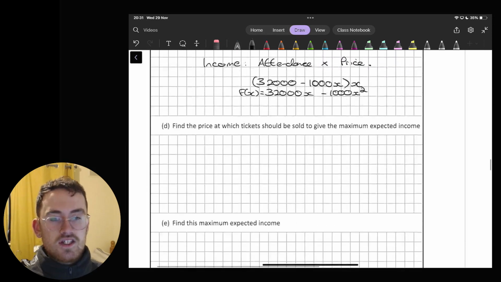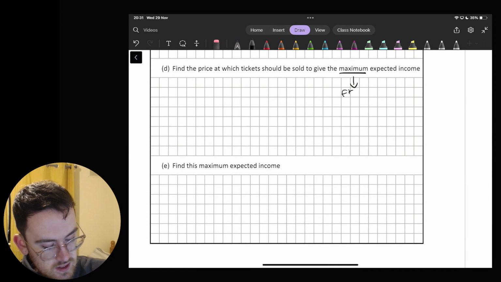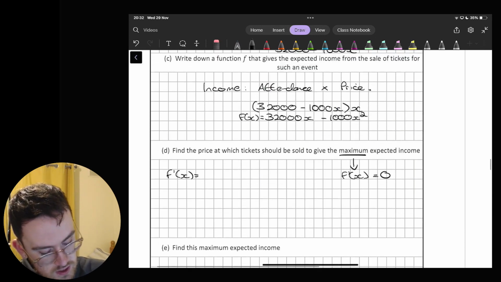Find the price at which the tickets should be sold to give the maximum expected income. For a maximum, the first derivative f dash x equals 0. Let's find the first derivative of this function. That's going to be 32,000 minus 2,000x.